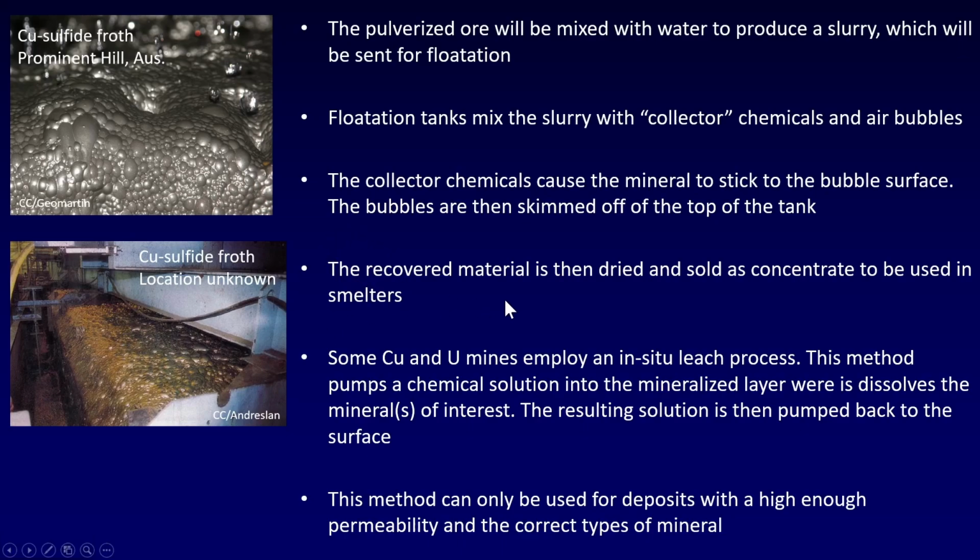The recovered material, which falls over the side, is then dried and sold as concentrate, which can then be put into smelters to actually get the metal out. So froth flotation is arguably the most common way of extracting metals from ore.